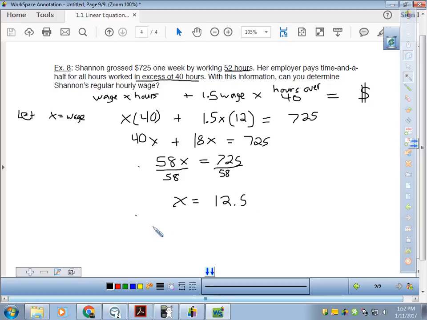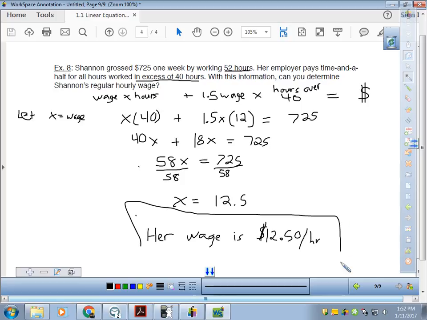So when we write our answer, because X is our wage, we'd say her wage is $12.50 per hour. Okay. And then we can box that in as our answer.